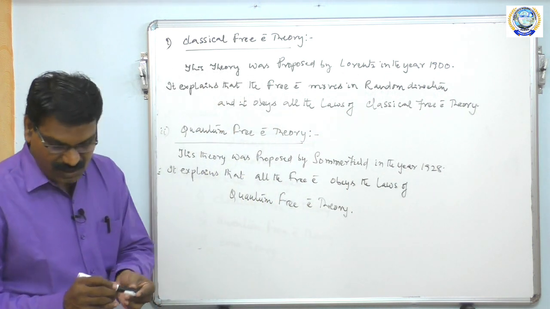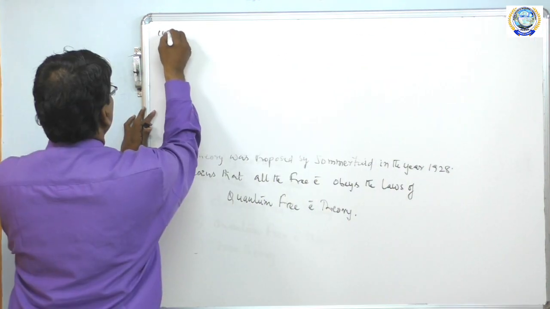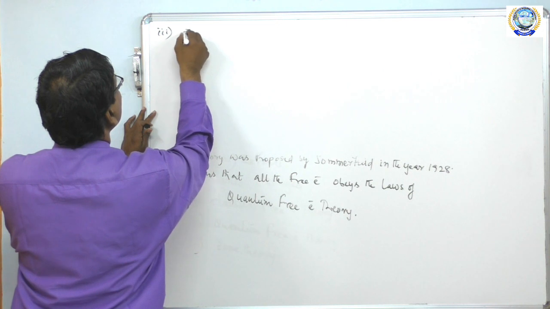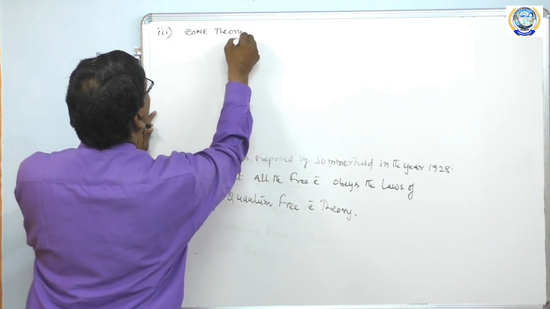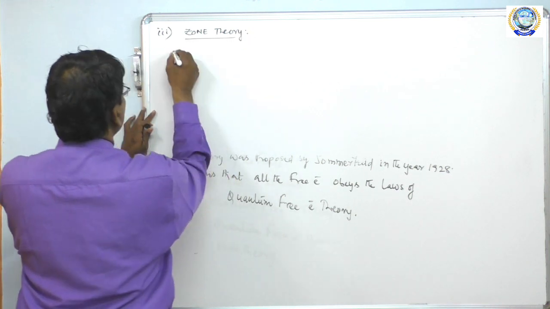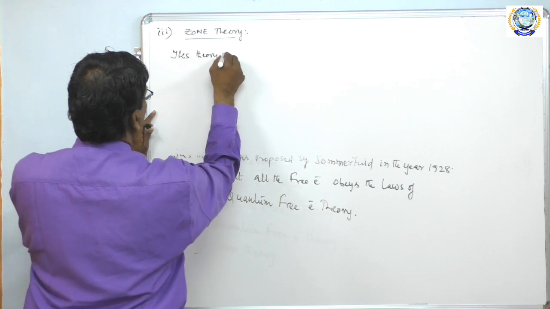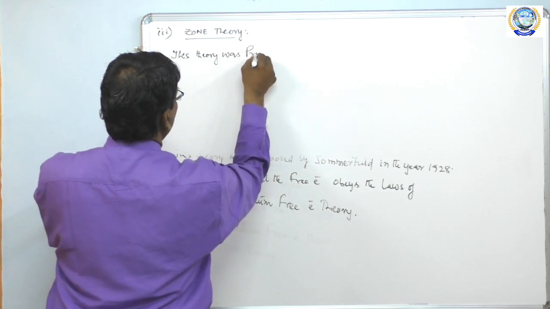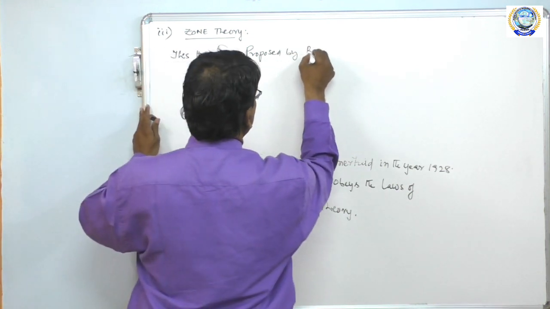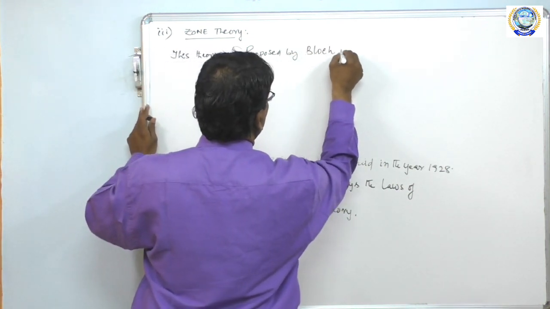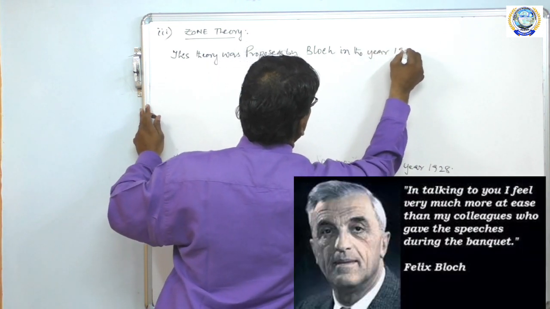The third theory is zone theory. This theory was proposed by Bloch in the year 1928.